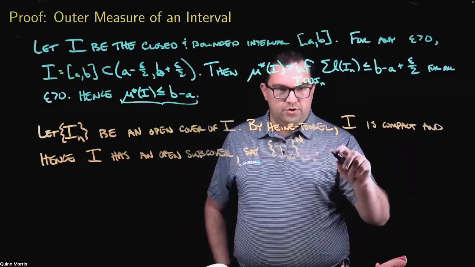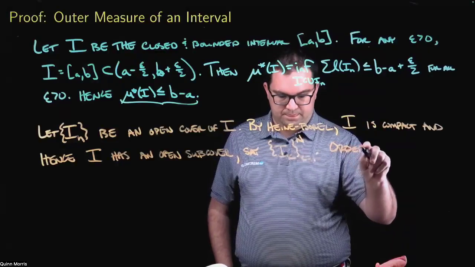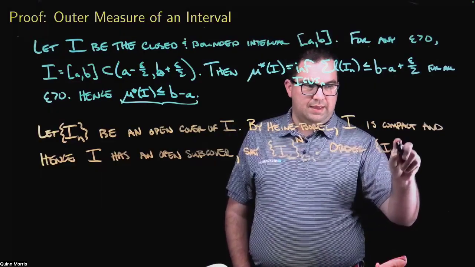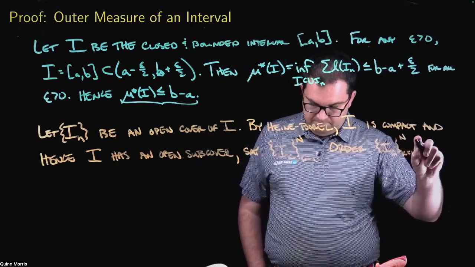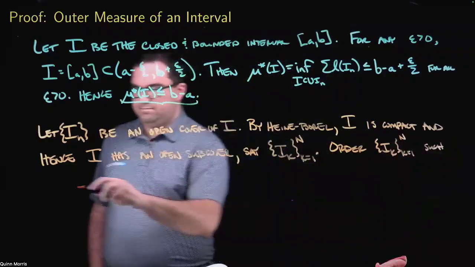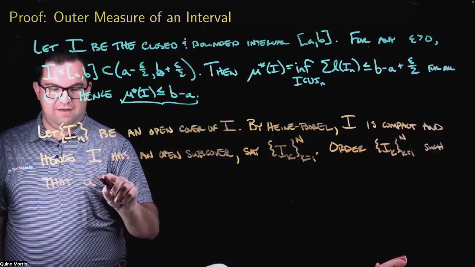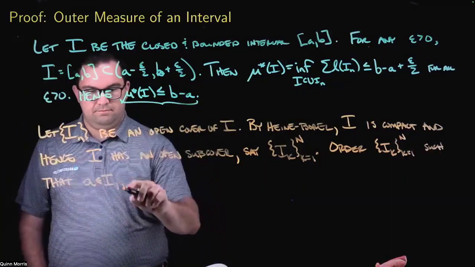So what I'm going to do is order the I_k such that I want the left endpoint A to be in I_1.